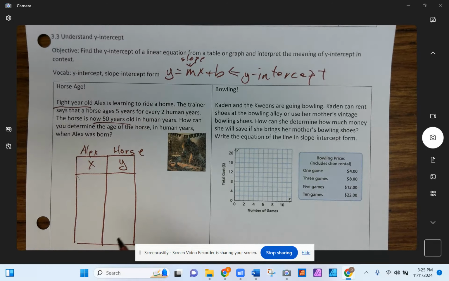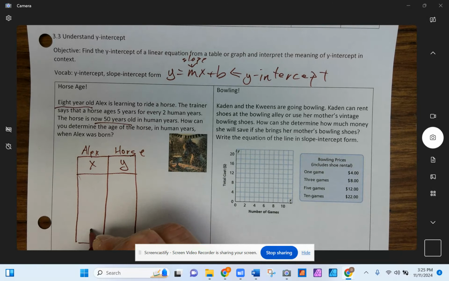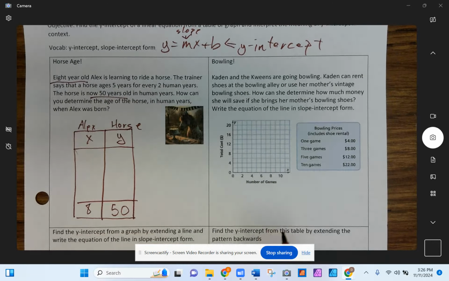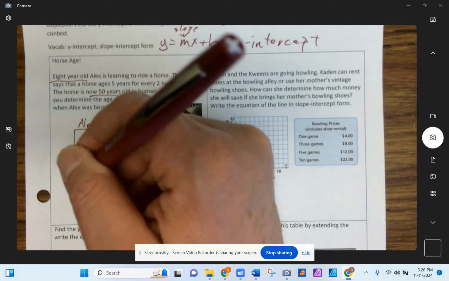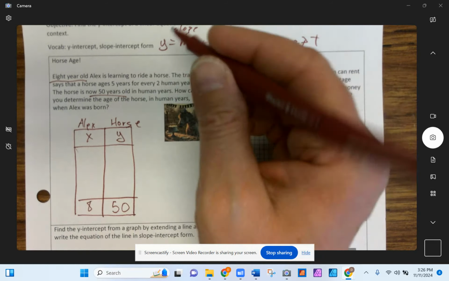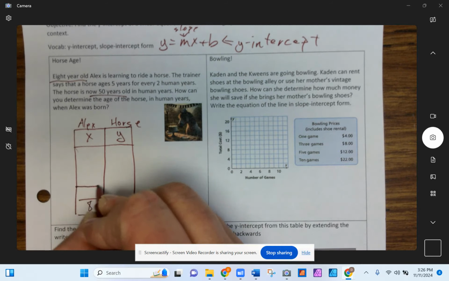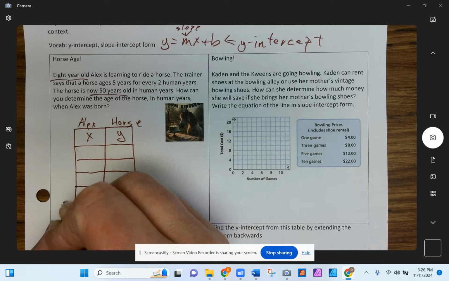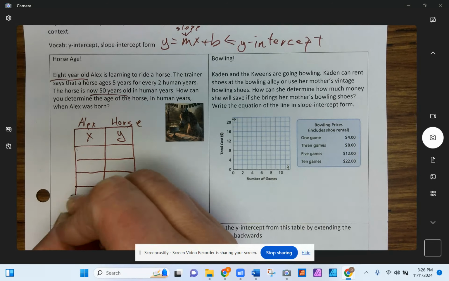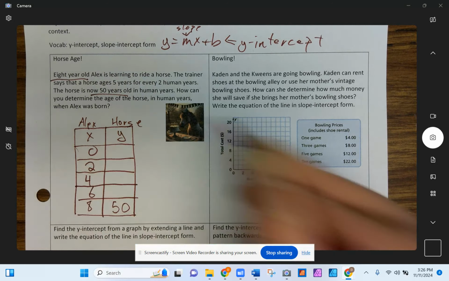Let's see, 8 versus 50. We know that for every 2 human years that we go back or forward, really, the horse is going to go 5 years, right? So as I go backwards, I know I'm going to be subtracting 2 here each time to get to that 0.